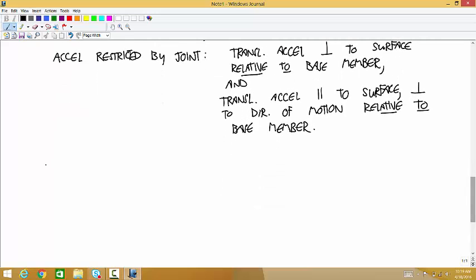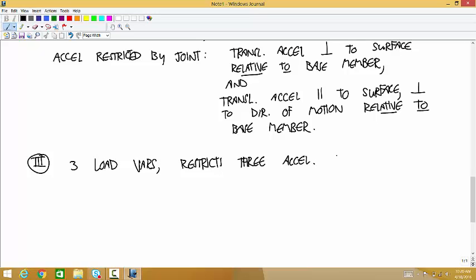Okay, now the third category. So there's only one of these. It introduces 3 load variables and restricts 3 acceleration components. This is a ball and socket joint.